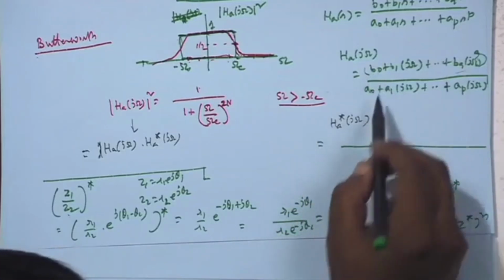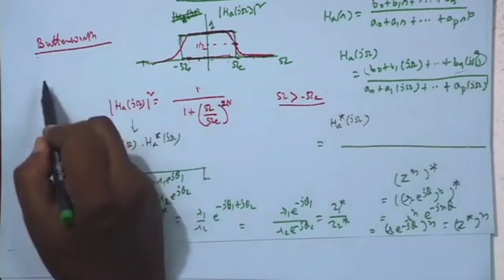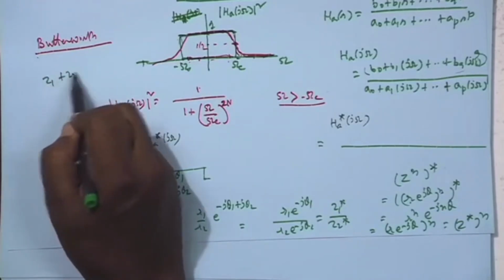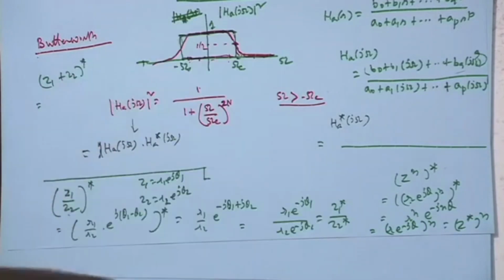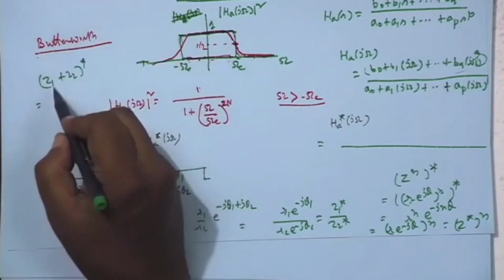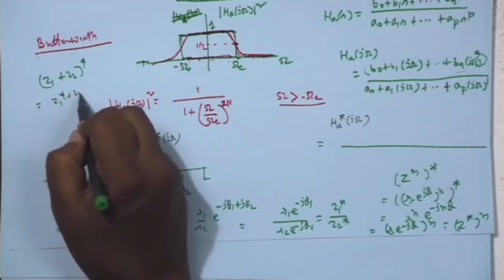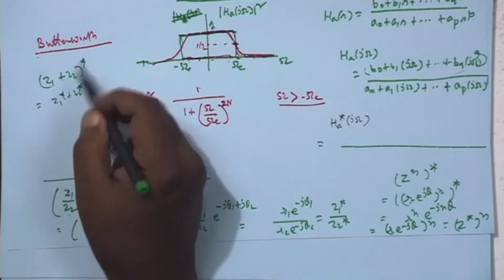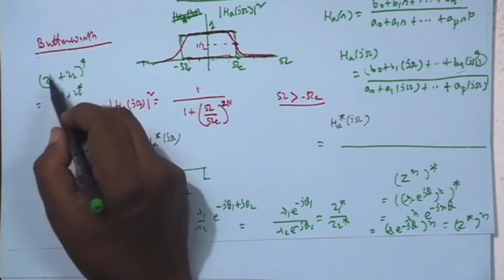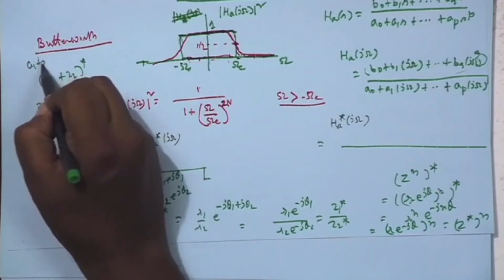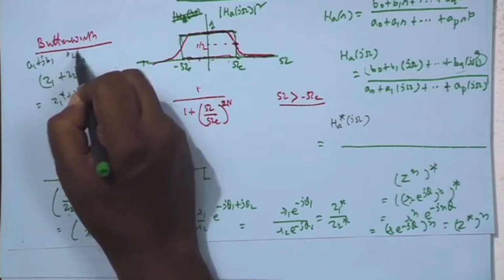So, we also need the conjugate of a summation, z1 plus z2 whole star is the same as z1 star plus z2 star. How to show that? This is very easy. Whenever you have plus or minus, go for the rectangular form, that is z1 is a1 plus jb1, z2 is a2 plus jb2.